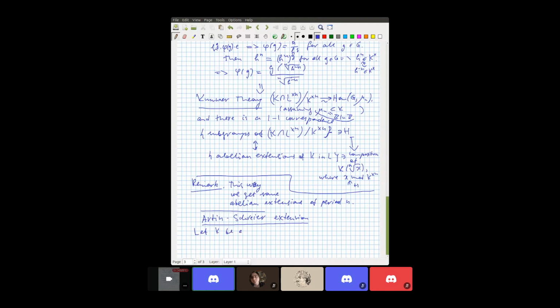So let K be a field of characteristic P, which is of course positive, and we want to construct a Galois extension of K with the cyclic Galois group of order P.